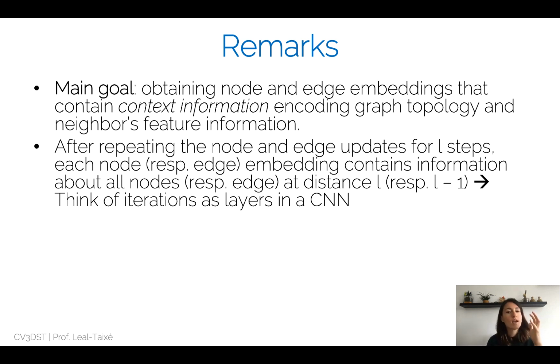Again, we have this notion of layers inside a CNN and going deeper and deeper. And here each layer consists of one message passing step. So each time we perform one message passing step, we go a little bit further and we gather information from nodes which are one step further away. So if we perform L steps, we will have received information from nodes which are at distance L.